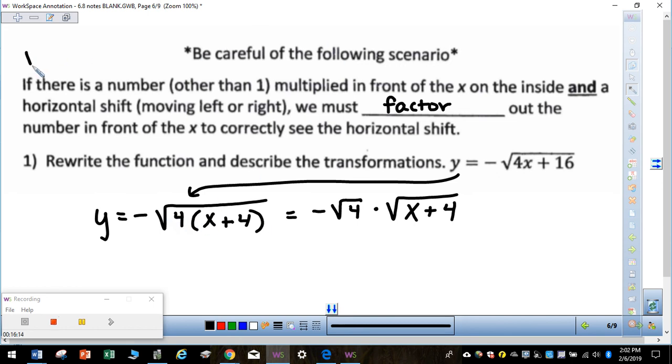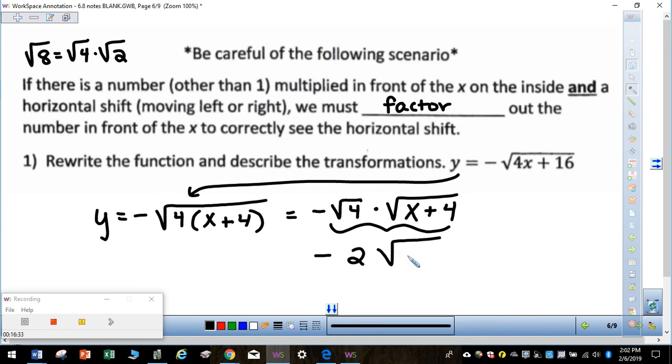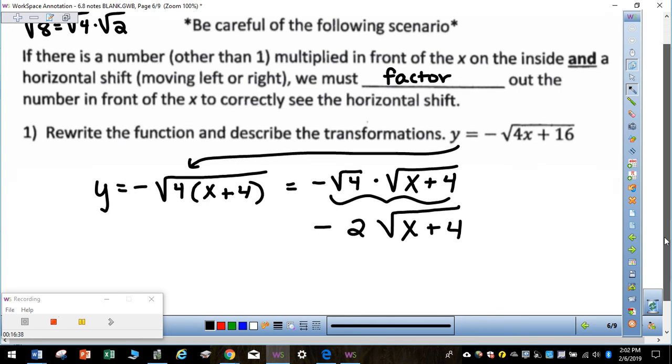So we know something like square root 8 is the same as square root 4 times square root 2. As long as the two things under the square root multiply to equal the amount on this side, we can split it up in this way. Now, the square root of 4 is just 2. We still have the negative in front because there was a negative in the original problem, but then we just have an x plus 4 on the inside, not the 16.